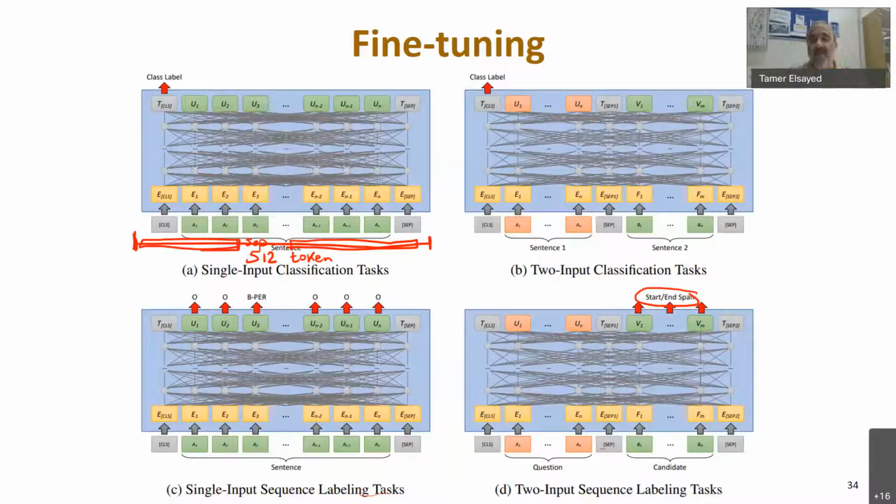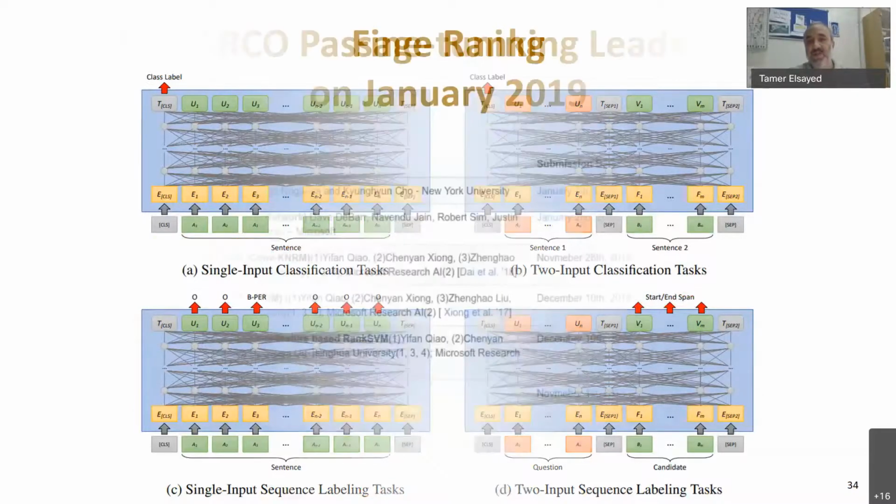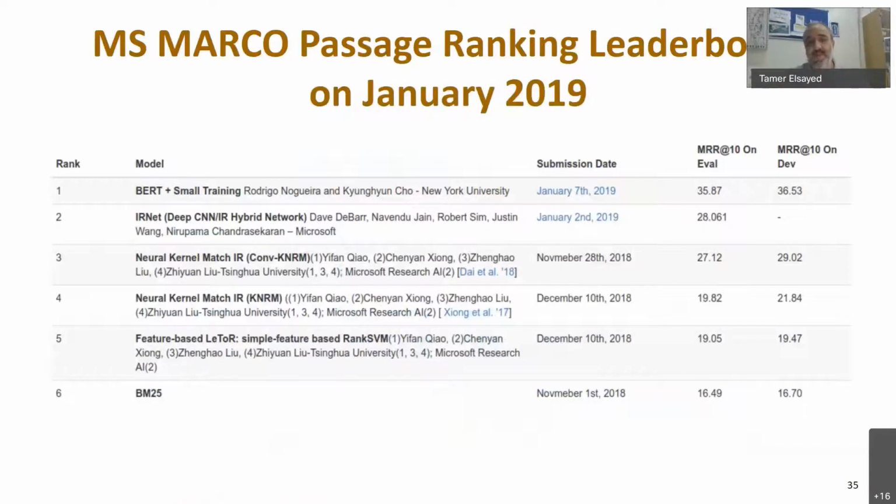But right after publishing that paper, researchers started to think about how BERT can be used for IR. In fact, in January 2019, you can see what we call a leaderboard that shows the performance of systems on a specific task.